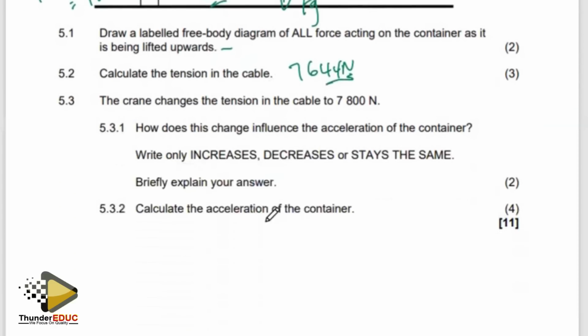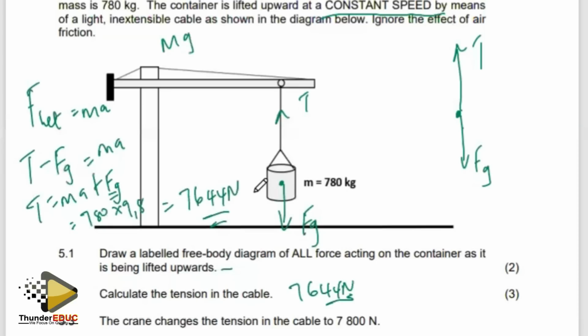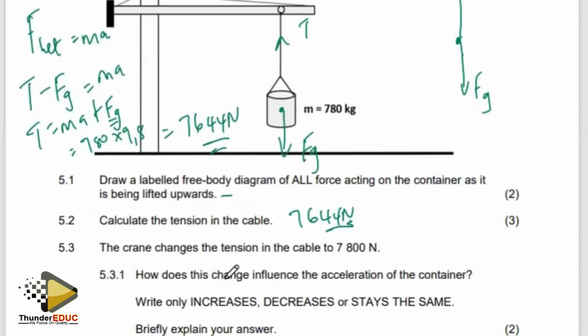Then 5.3, they're telling us the crane changes the tension in the cable to 7.8. How does this change influence the acceleration? So if the force that is within the cable has increased, which means this container can move up very fast, which means the acceleration is going to increase.